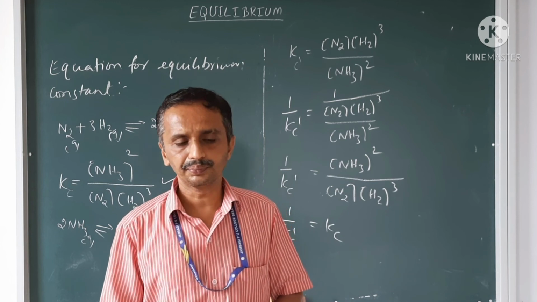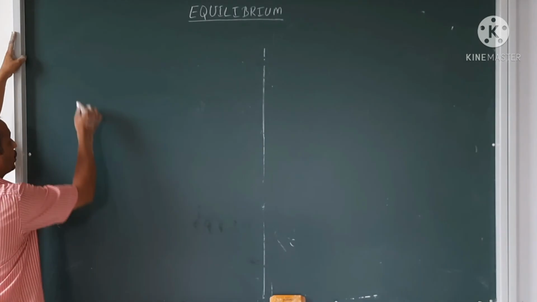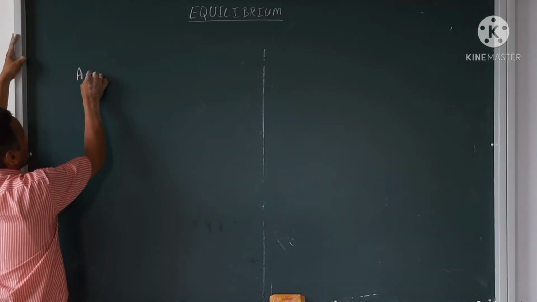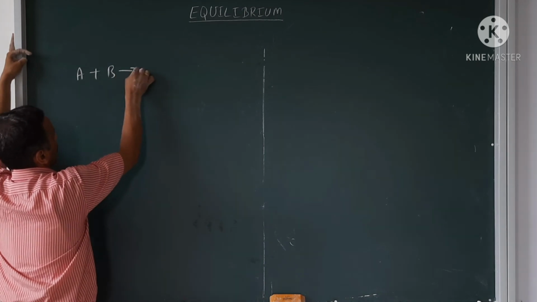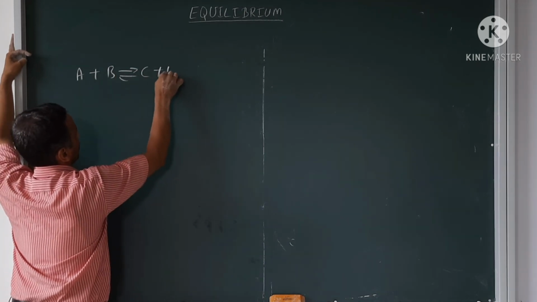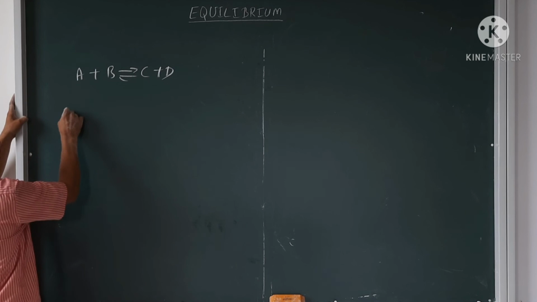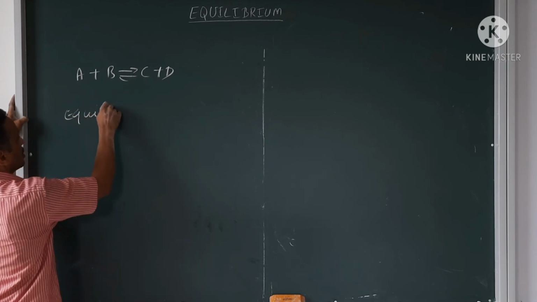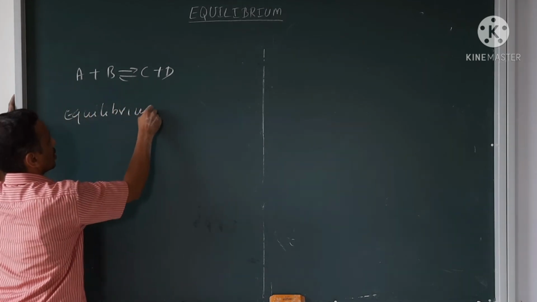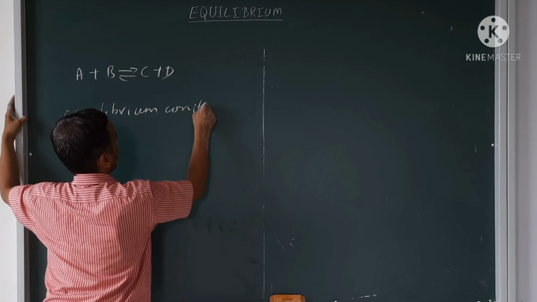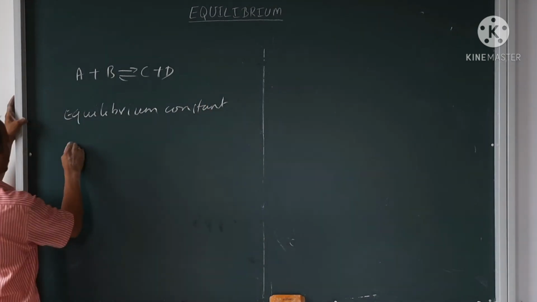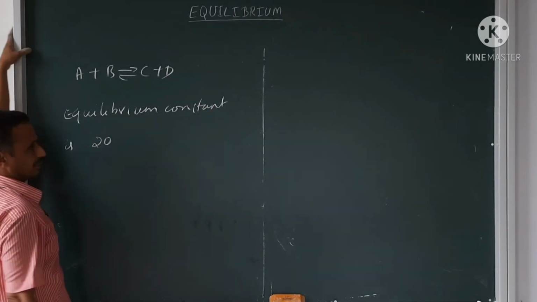Take down problem. In a reaction, A plus B giving C plus D, equilibrium constant is 20.